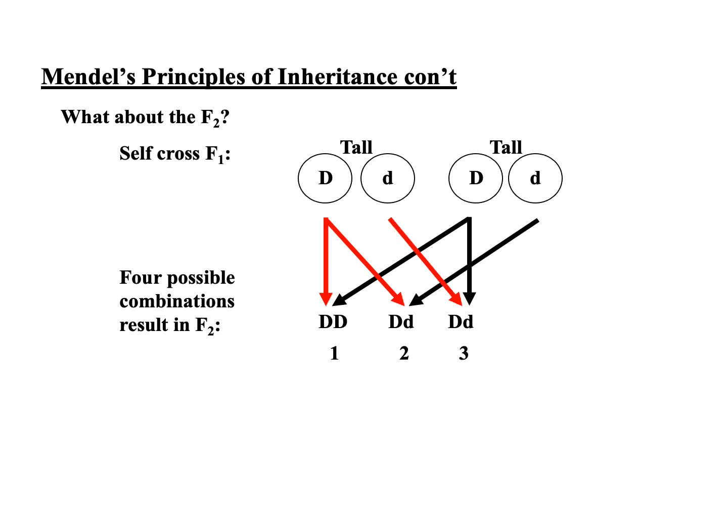However, you still also need to consider that maybe the first gamete from the first parent is not the one that's utilized in the fertilization event. What if it's the second gamete from the first plant that contains the dwarf instructions? What if that comes together in a fertilization event with the first gamete from the second plant?